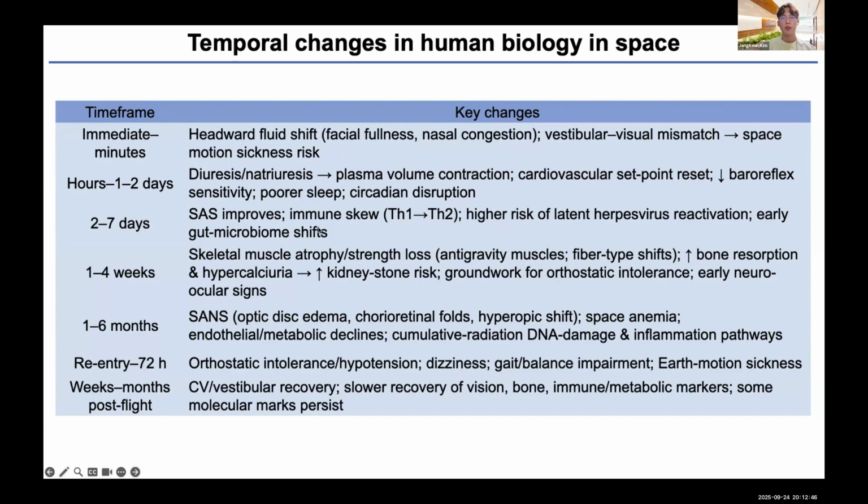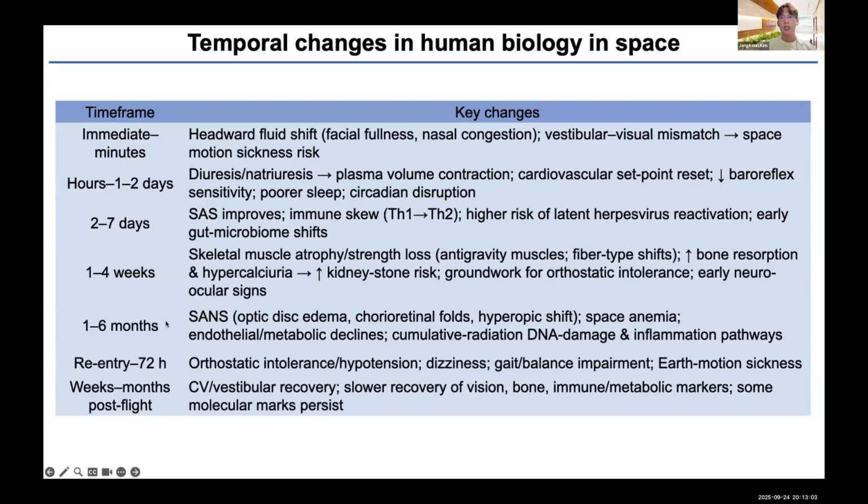And in 1 week, there'd be more immune changes, mainly immune dysfunction or a risk of latent herpes virus reactivation. In 1 month, muscle and bone atrophy begins to rise, and there is a kidney stone risk.